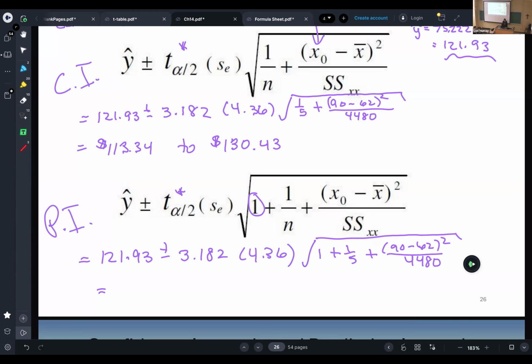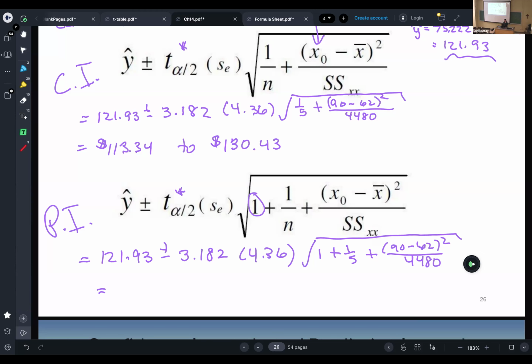So here we go. 121.93 subtract 3.182 times 4.36 times that. And don't forget to put the 1 in there, gotta be careful here. See if you're able to put that all in one swoop.